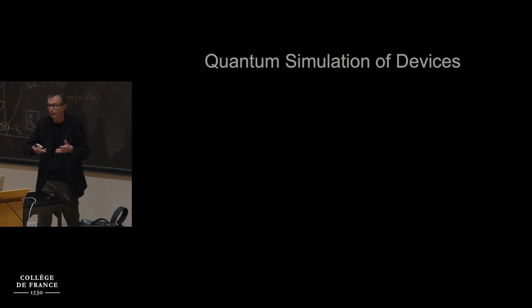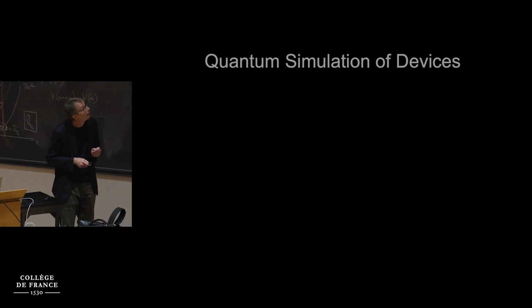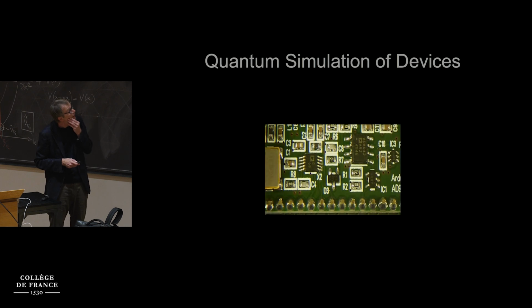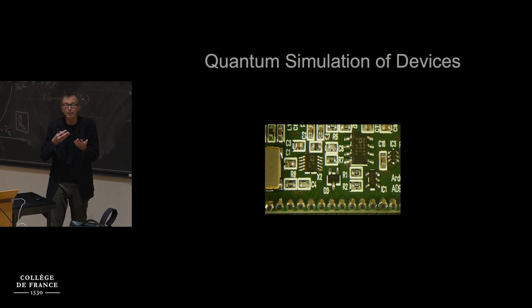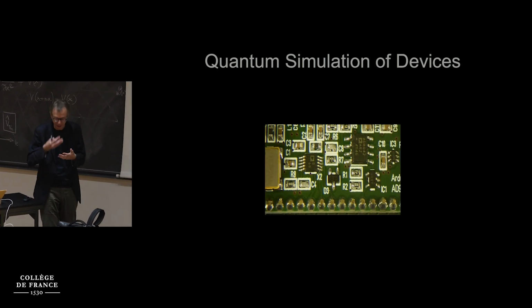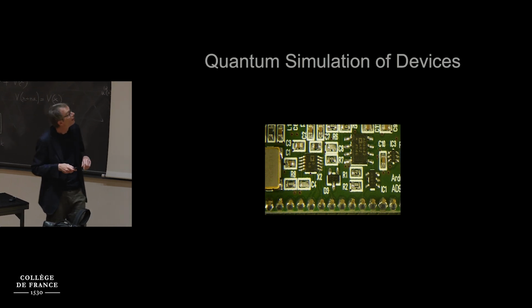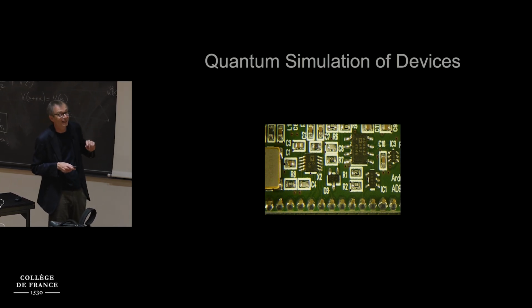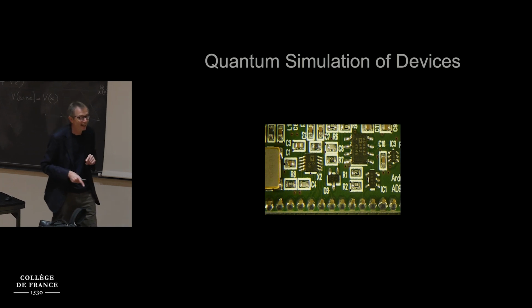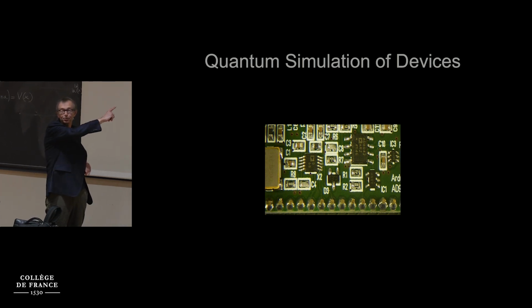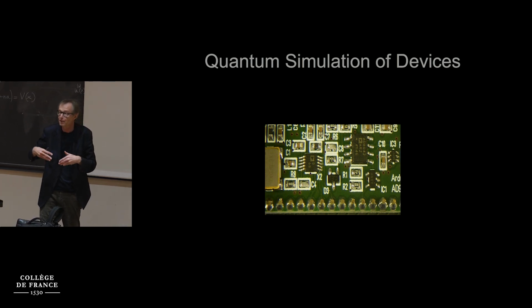But the interest there is what is a property of one material under certain conditions. With quantum simulation of devices, one could more think of, but I really want to have a functionality and I want to simulate the whole system. But okay, I show you this electronic circuit, but there you will say, that has nothing to do with quantum physics. So then one has to go back.